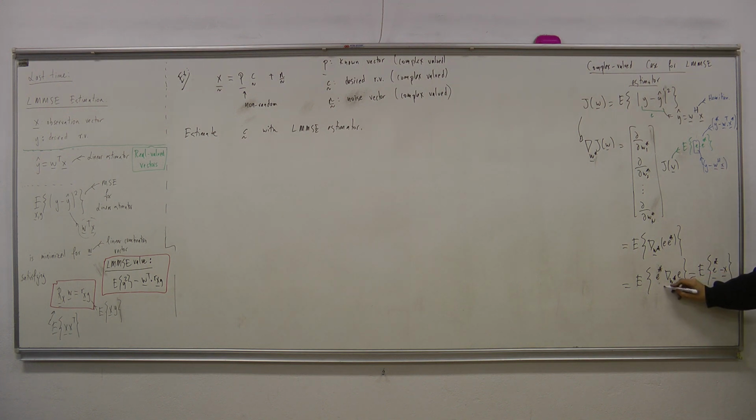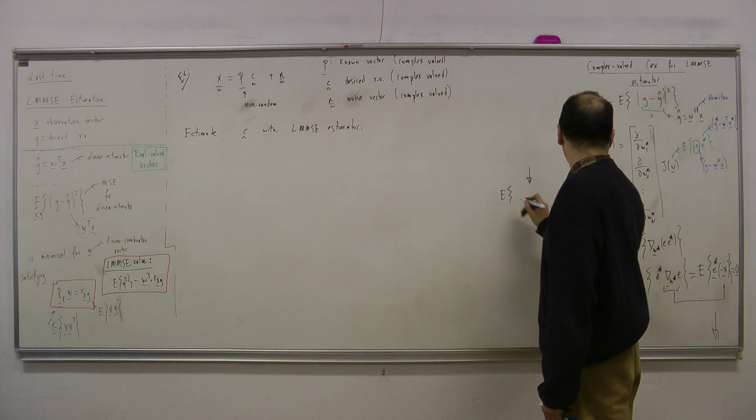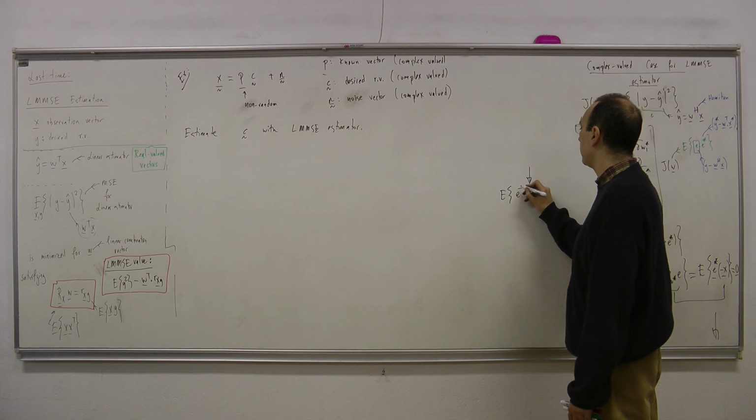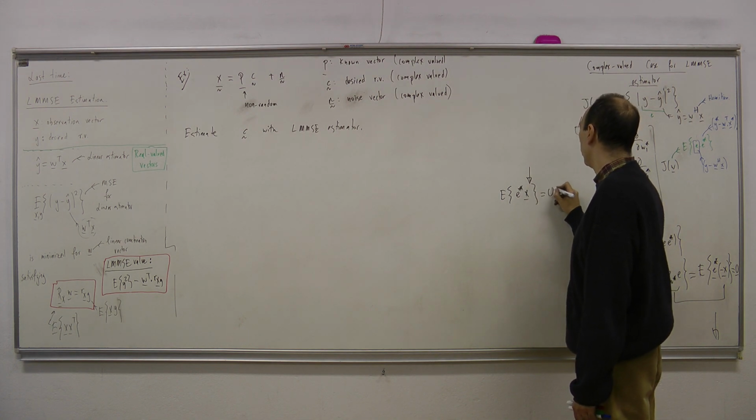If I take this derivative, I get this. Okay, so I will take this derivative and of course equate it to the 0 vector. Then, let's go. I end up with this result: error conjugate times X vector is equal to 0.